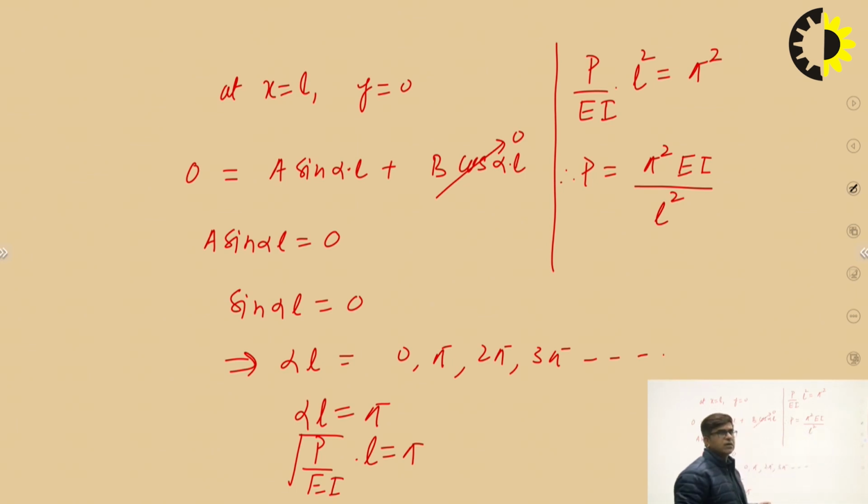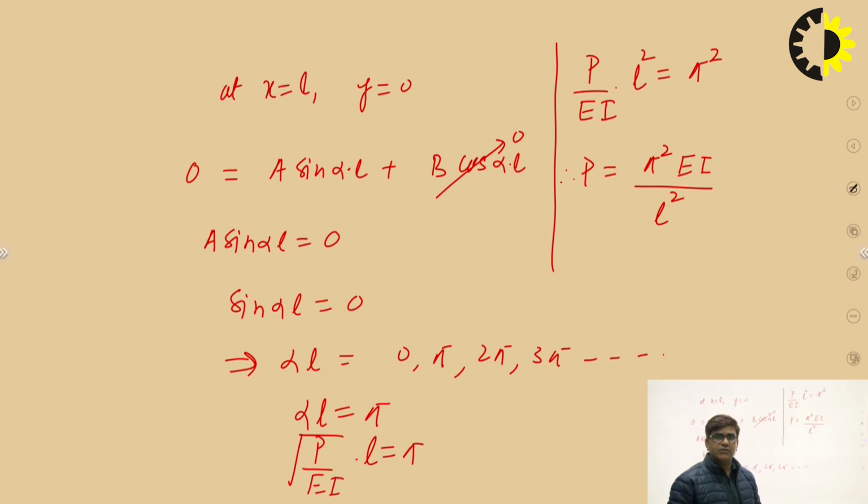Here L is the effective length of the column. In the case of both hinged ends, effective length is nothing but the length of the column. EI is the flexural rigidity. I considered here is the least moment of inertia, which depends upon the cross section.